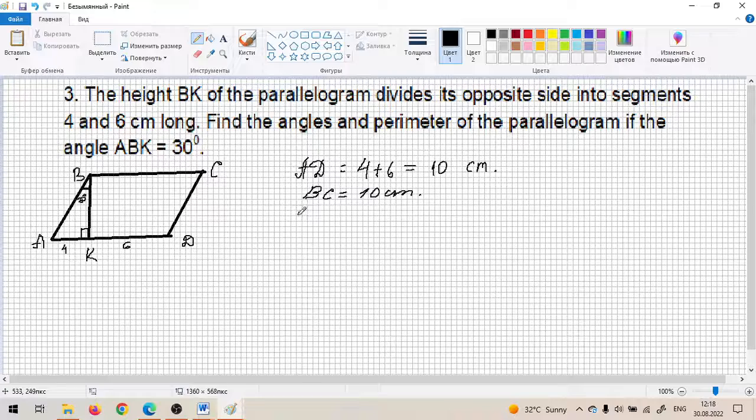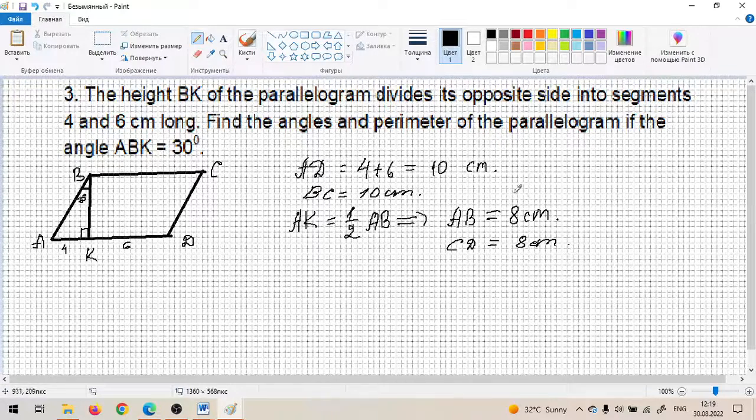Yes, I'll write AK is half of AB. So AB is 8 centimeters long. Side CD is opposite to AB, so CD is 8 centimeters long too.